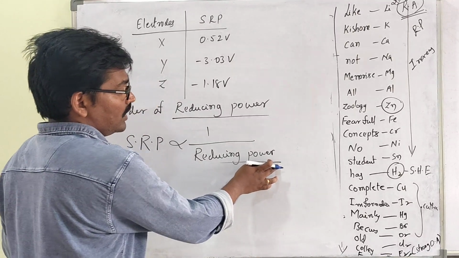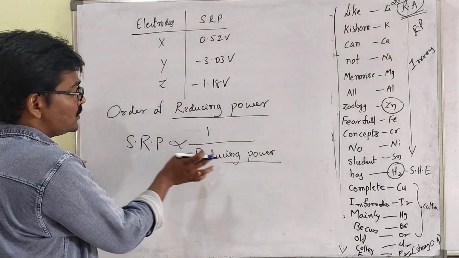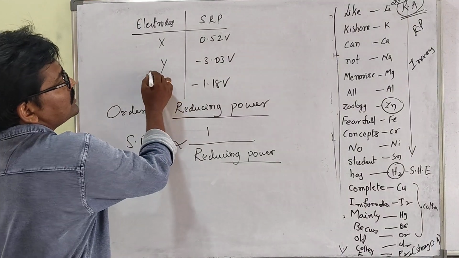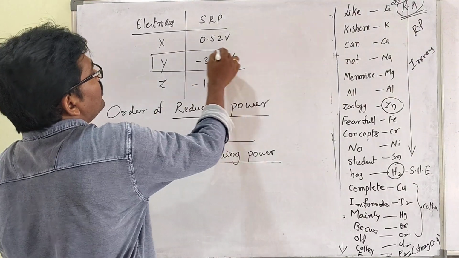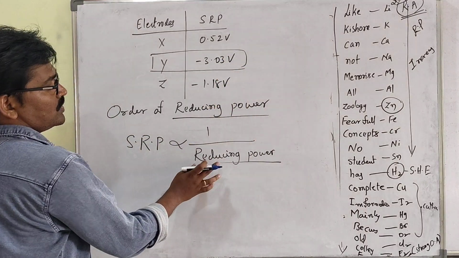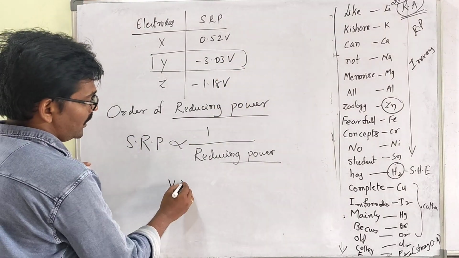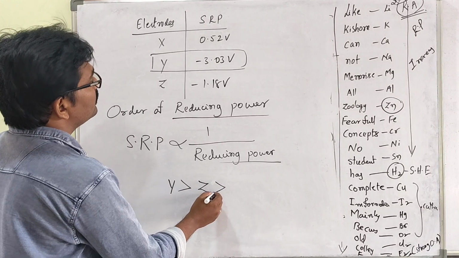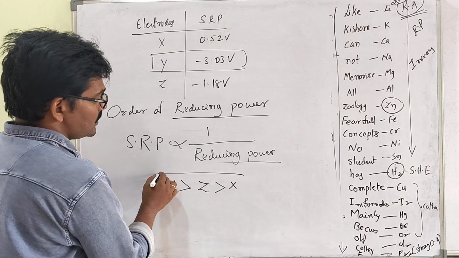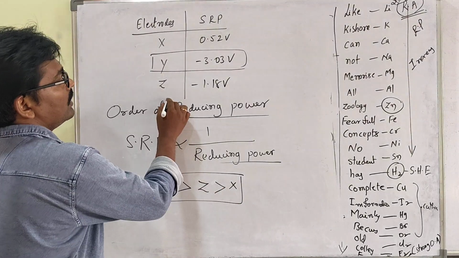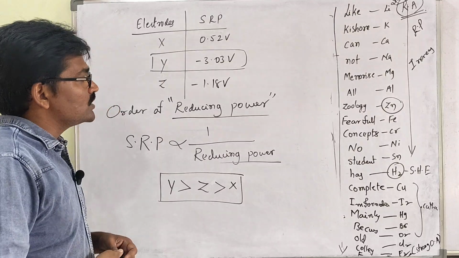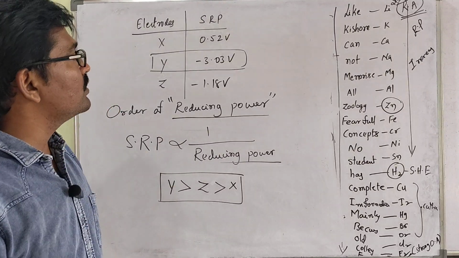So Y is greatest, then Z, then X. This is the order of reducing power. Understand, my dear students? Such types of questions they will ask based on this.